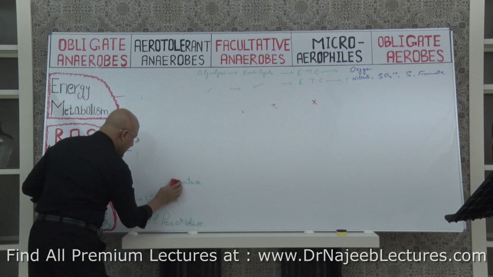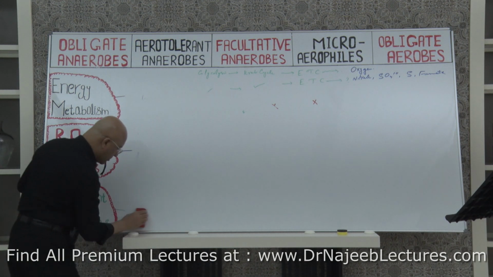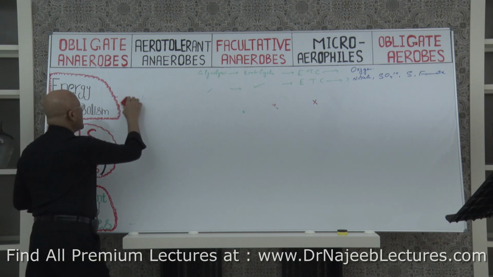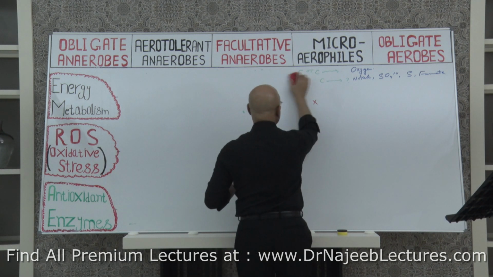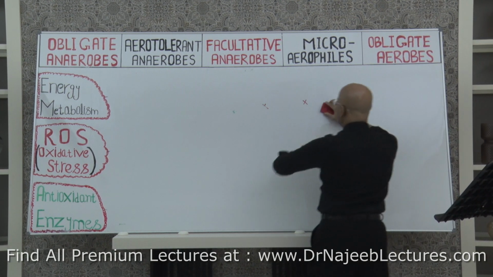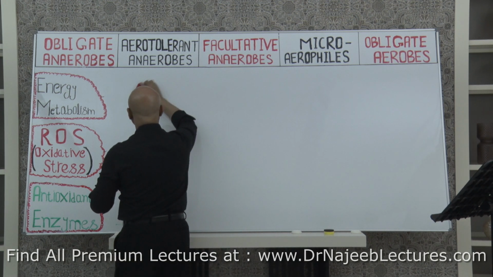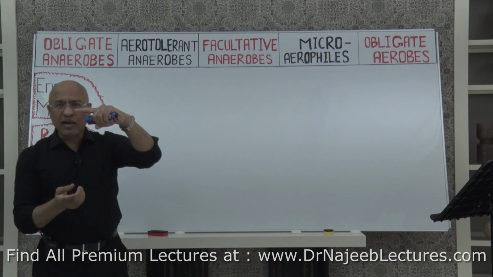Actually, we make a liquid culture medium, a special type of culture medium which helps us to differentiate all these 5 categories of bacterial growth visually. That is, we look at the culture growth.